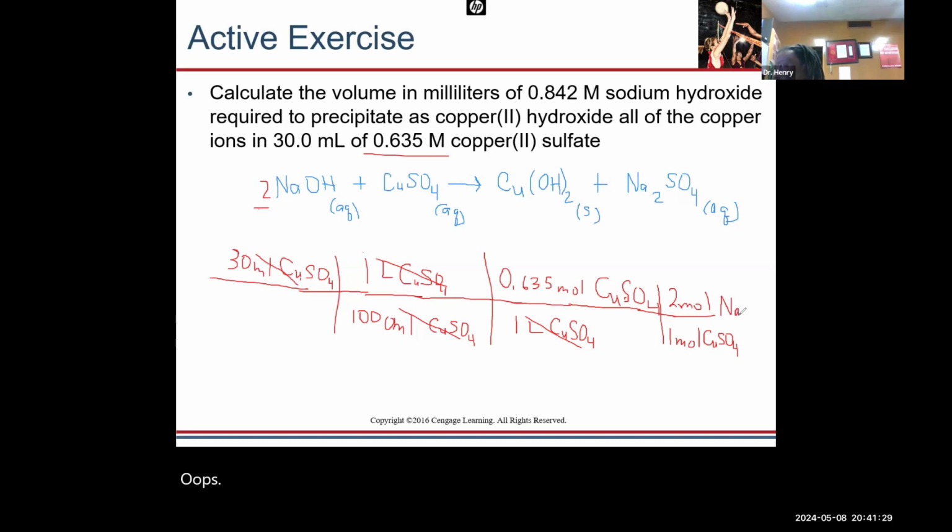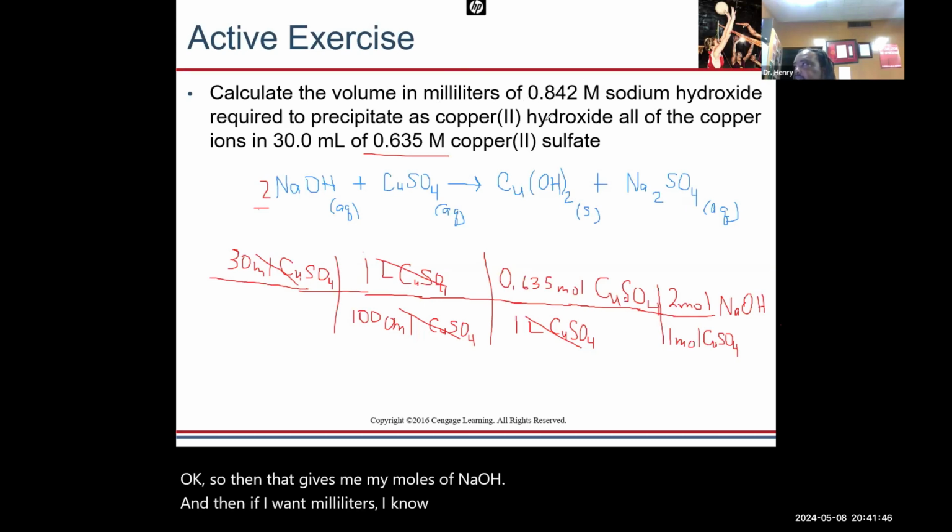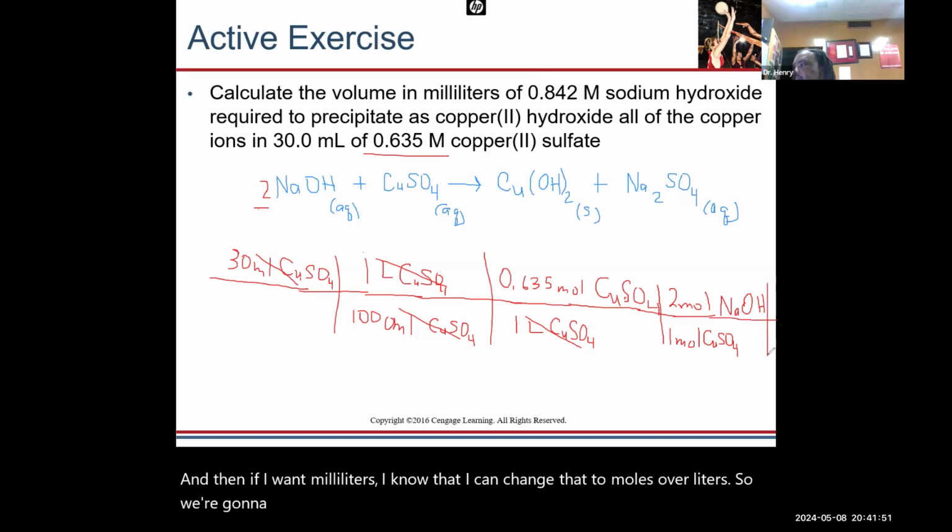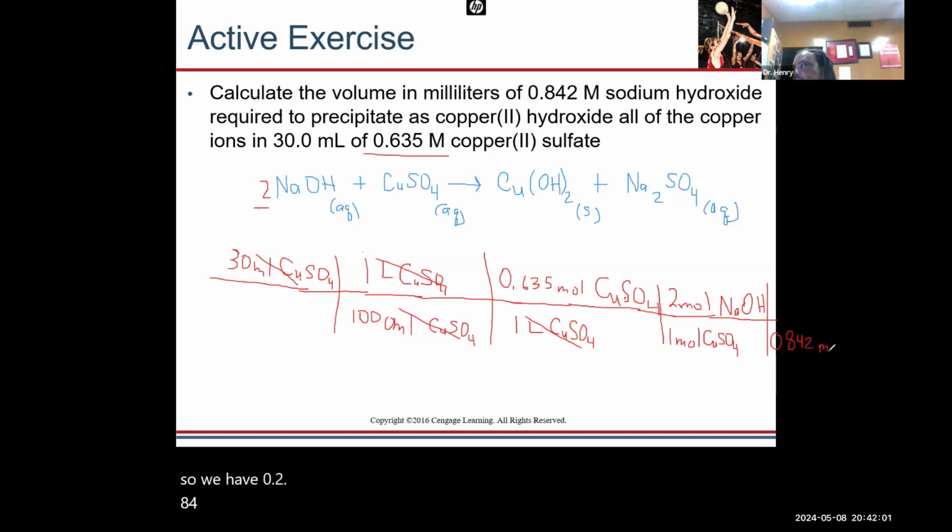Okay, so then that gives me my moles of NaOH. And then if I want milliliters, I can change that to moles over liters. So we're going to put the moles on the bottom now because we want to get rid of moles. So we have 0.842 moles.